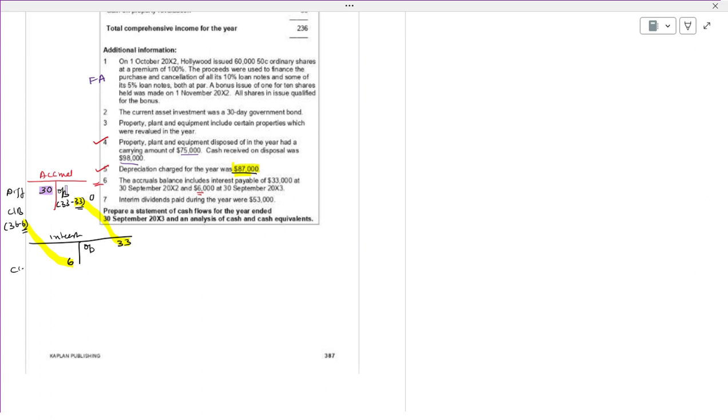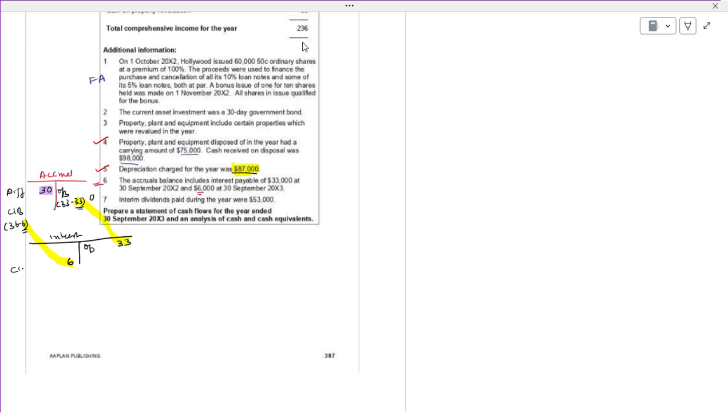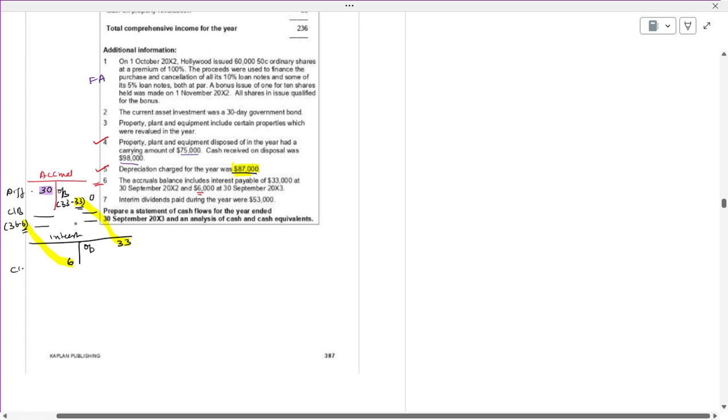In the first case of accruals, how much difference are you having? 30. Any difference on the expenses is nothing but what has been paid.